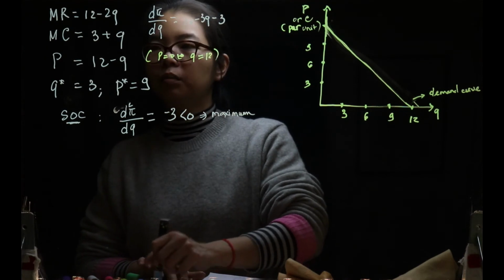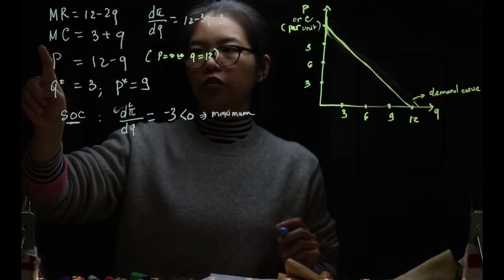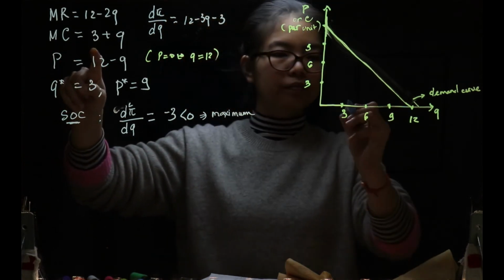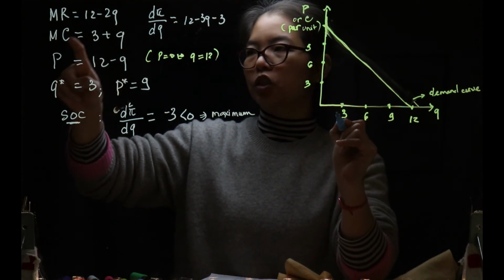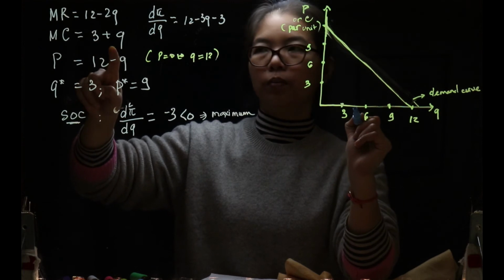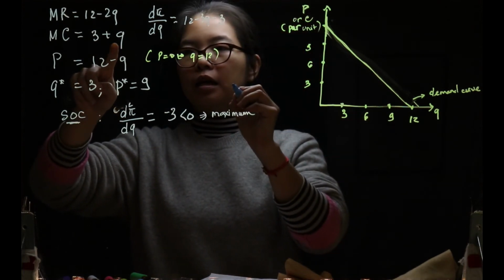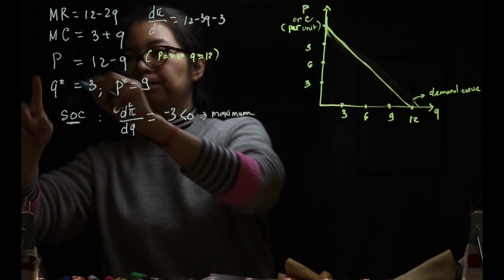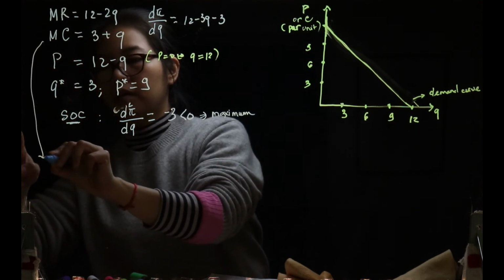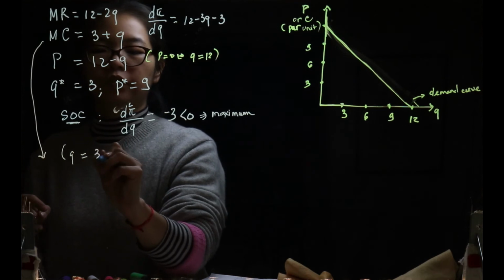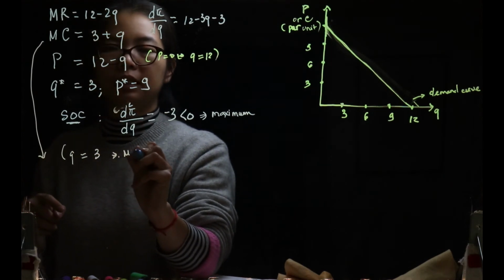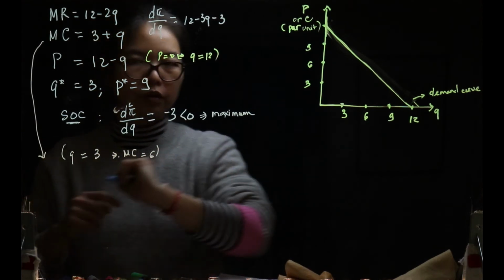Do something similar with the marginal cost curve. So the intercept is 3 here, however, now the marginal cost has positive slope. So let's say if we take Q equals 3, then MC equals 6, right?